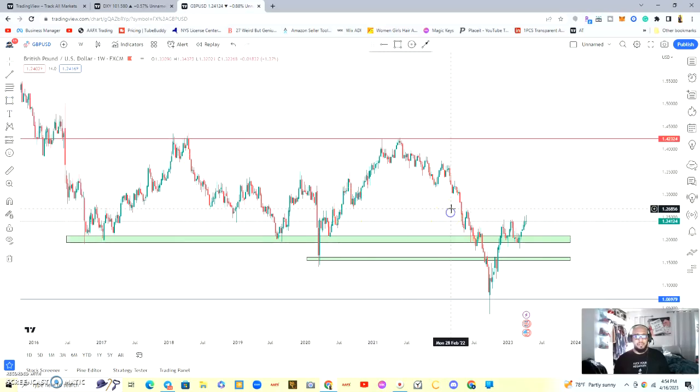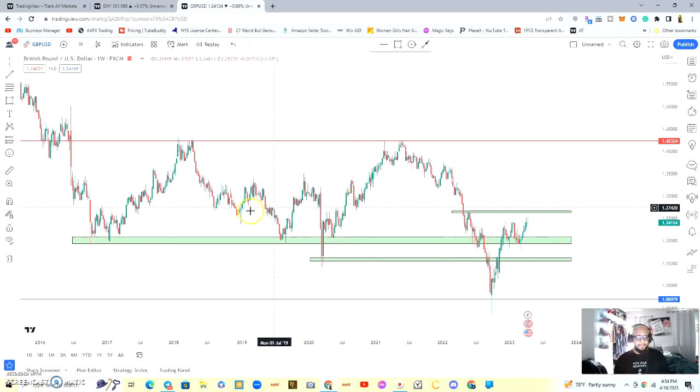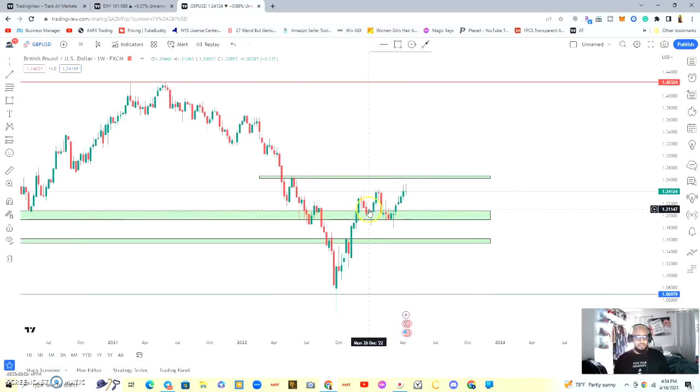Okay, we have this right here. We have this resistance right here. And this would look like an inverted head and shoulder type of pattern.